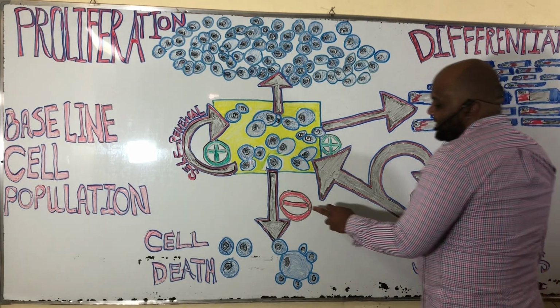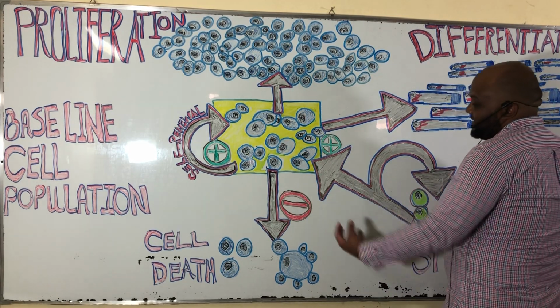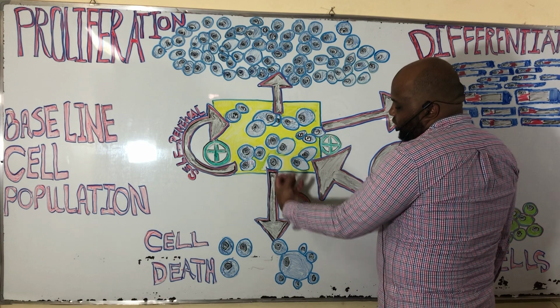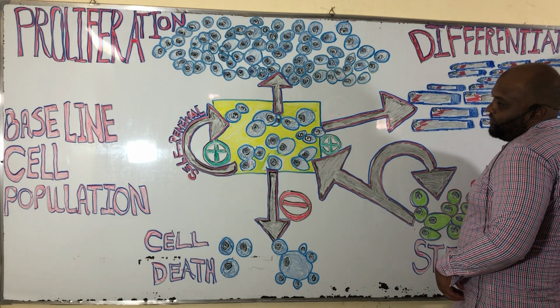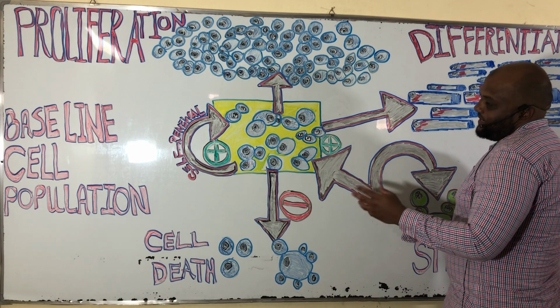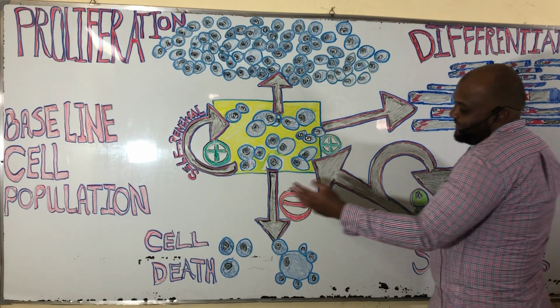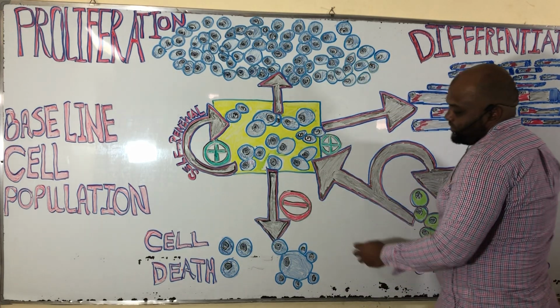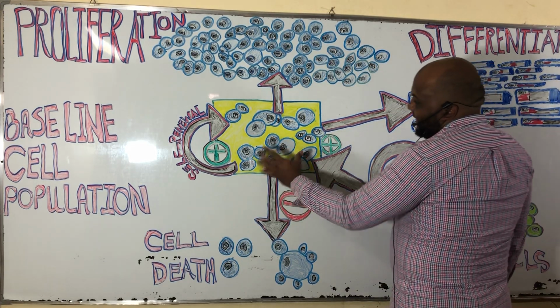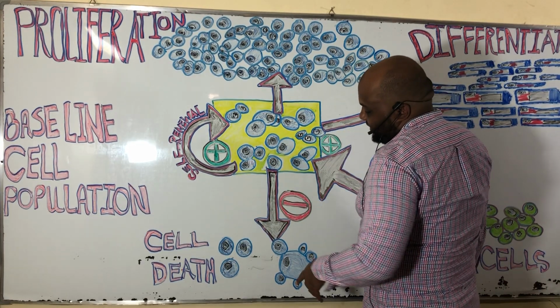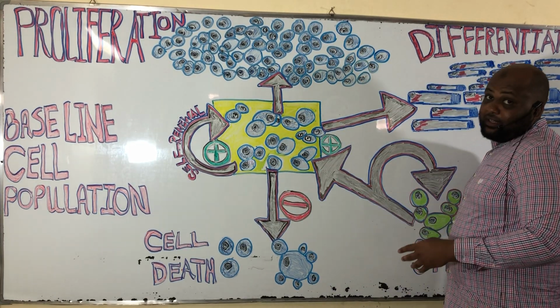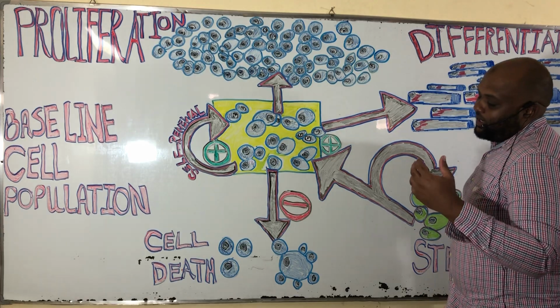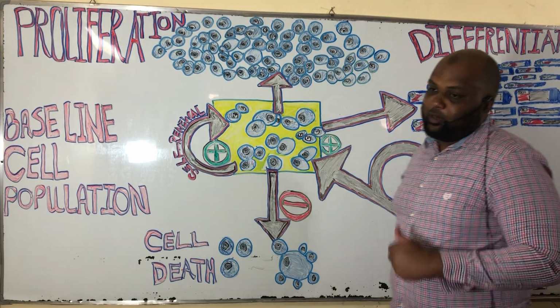And then in the negative sign, we have the factors that deplete or cause loss of baseline cell population. That would be cell death, where you see the number decreased from the actual number of the baseline cell population, and the cell death could be either by necrosis or by apoptosis.